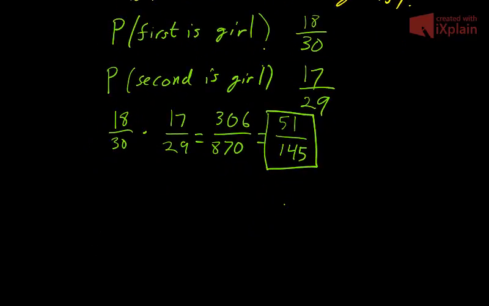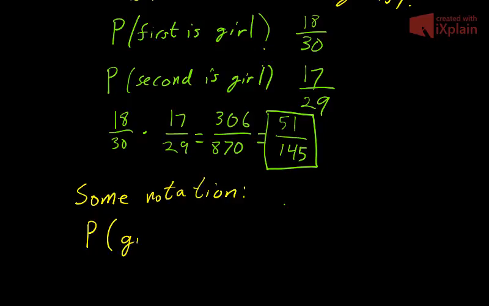Another way we can write that, so some notation, notation being how we write things, is that if I have the probability of picking a girl given that the first is already a girl, I would write that as probability of girl given that girl has been picked.